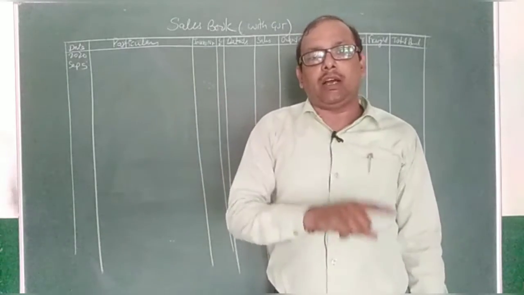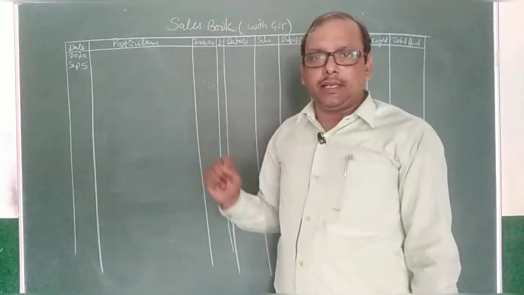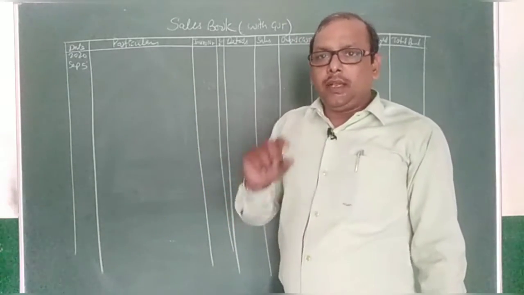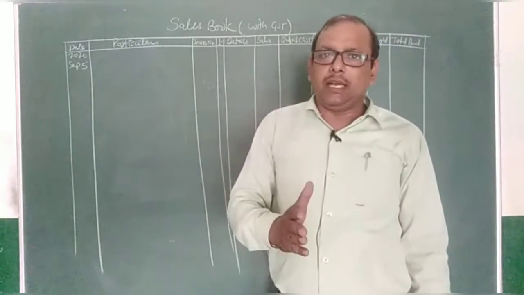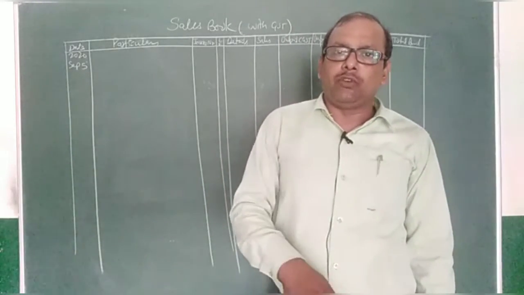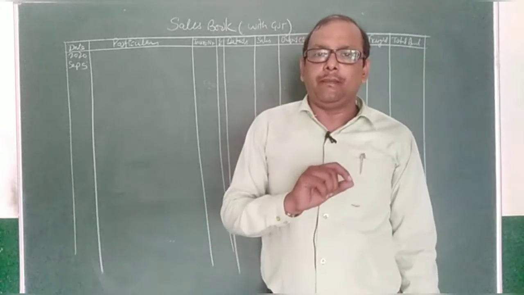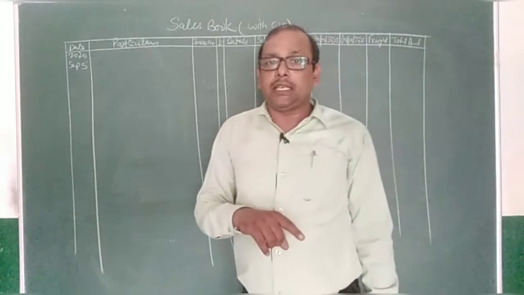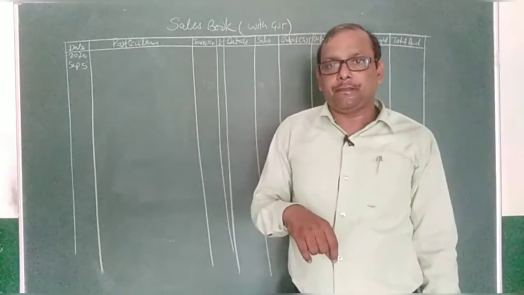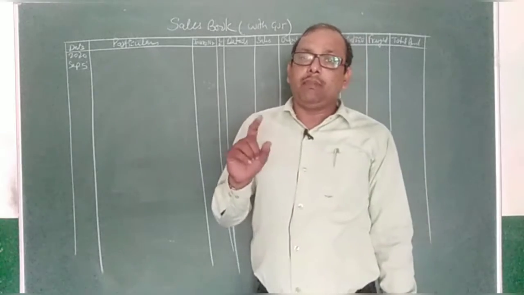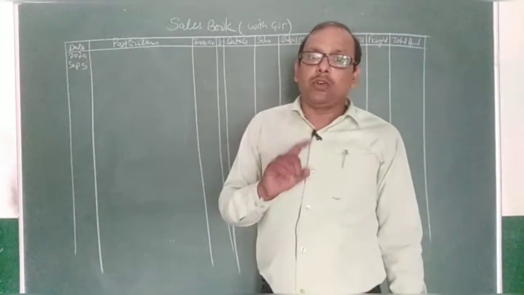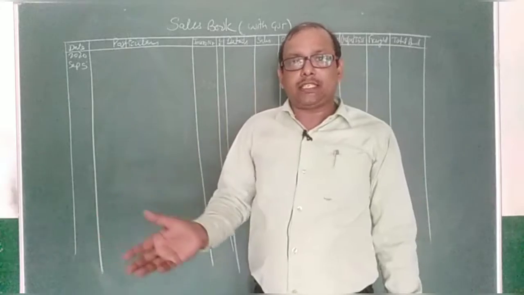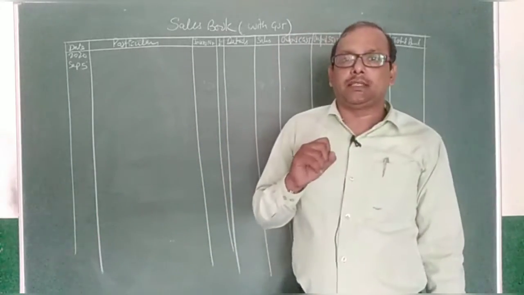Whatever goods you sell on credit will be recorded here. You belong to Bhadohi, means the state of UP. So if you sell your goods within the state, CGST and SGST will be charged. But when you sell your goods in another state, IGST will be charged.